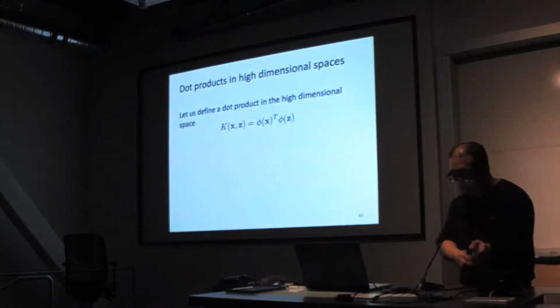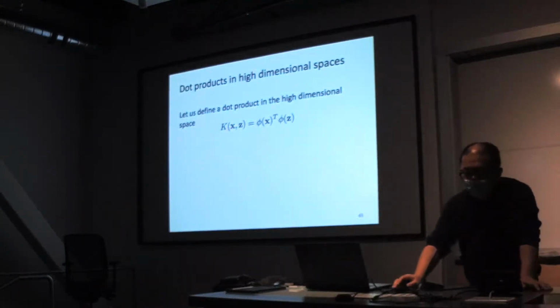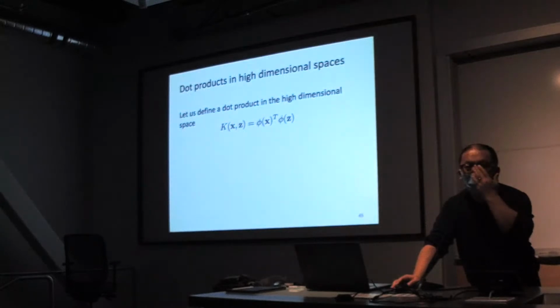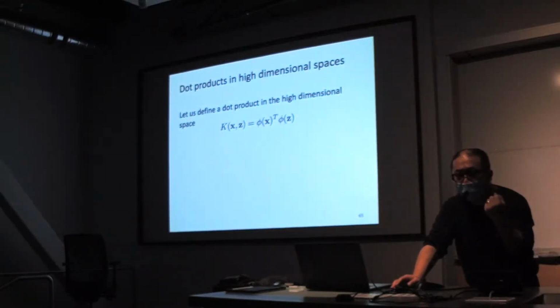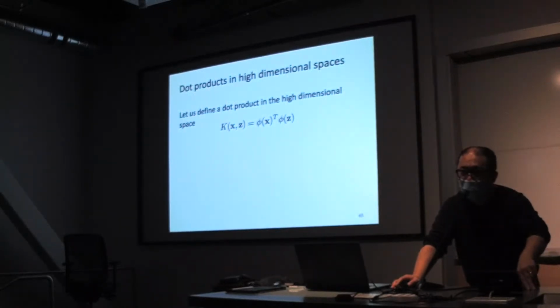So now we can see that if we want to leverage the solution structure from the dual form, we need to compute the inner product during the prediction. We need to compute the inner product between every training example and the test example up to the feature mapping.